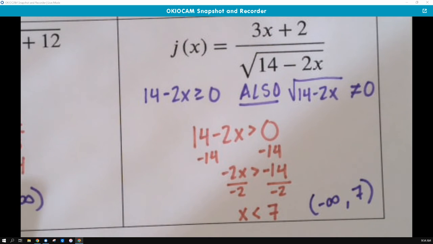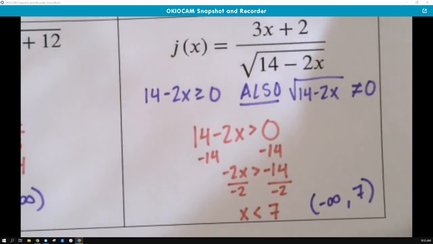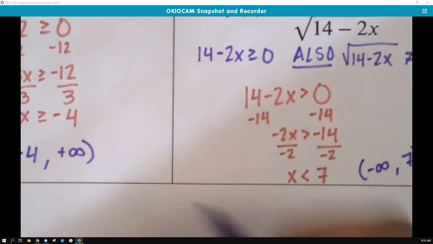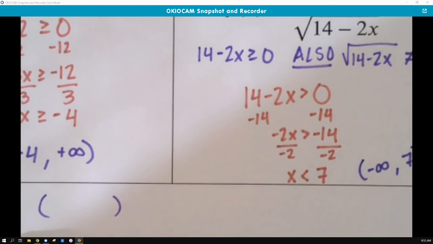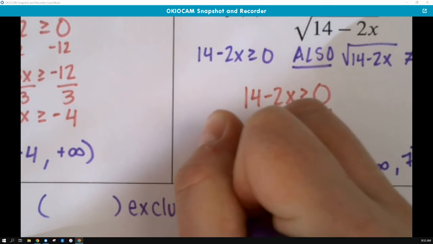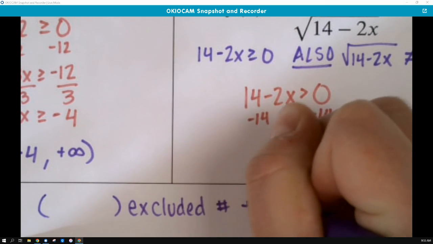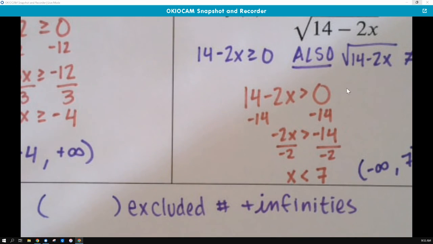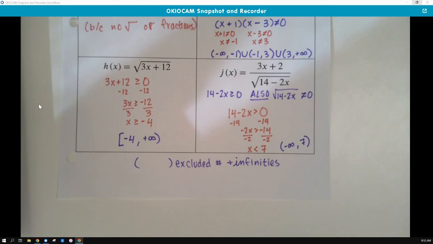Okay. If you want to put a note to yourself of parentheses and brackets, because I know that'll throw people off, you use parentheses if you are excluding the number, and for infinities, because we always technically exclude infinities because we can never reach all the way to infinity, so we can never include infinity.